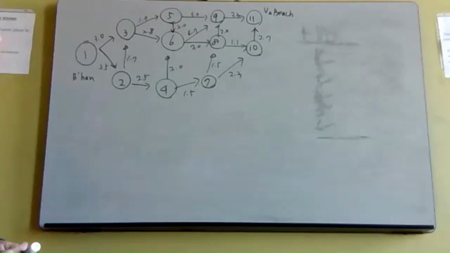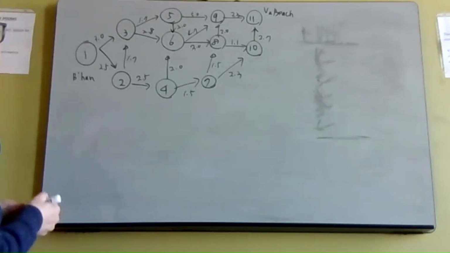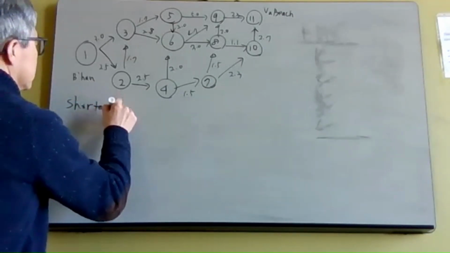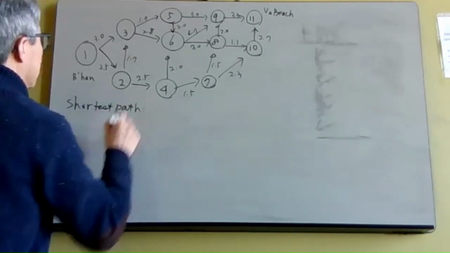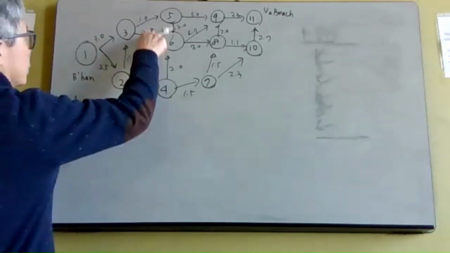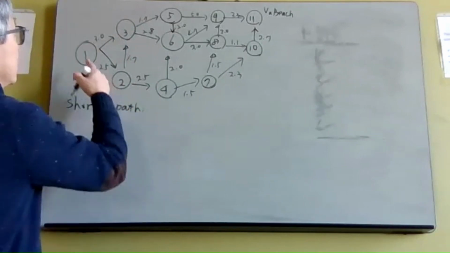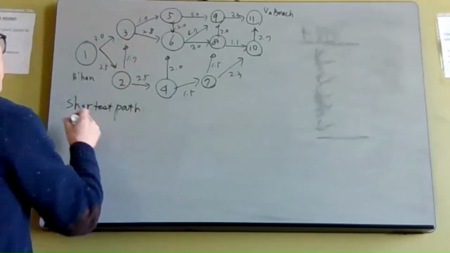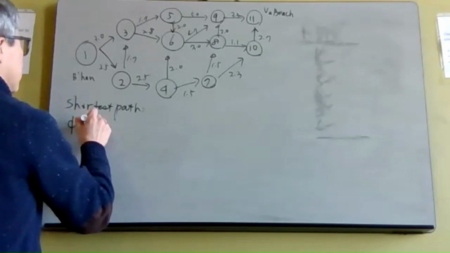So let's find the shortest path. Now I say shortest path, but actually these numbers represent travel time from node I to node J. So let's say the quickest path.